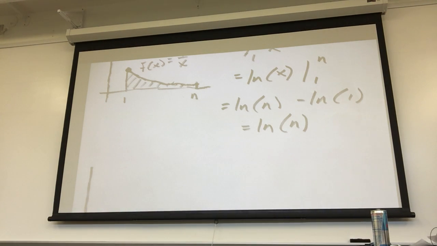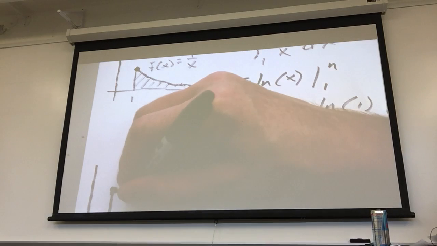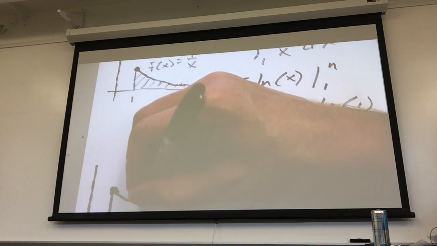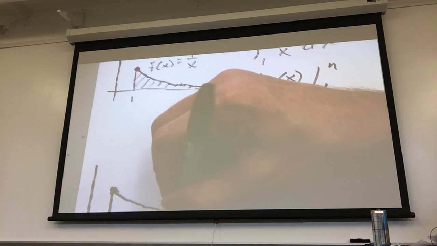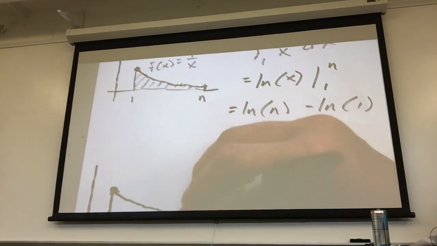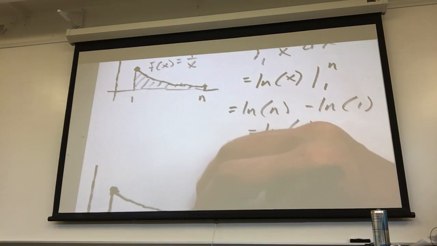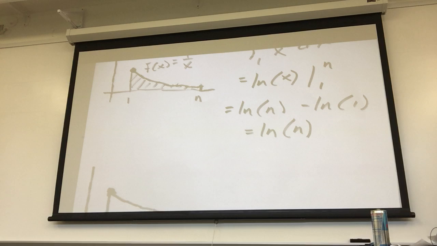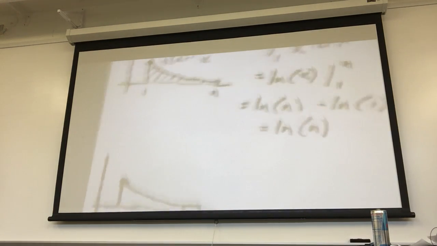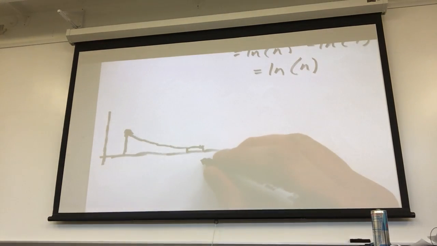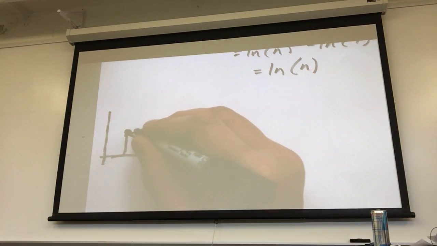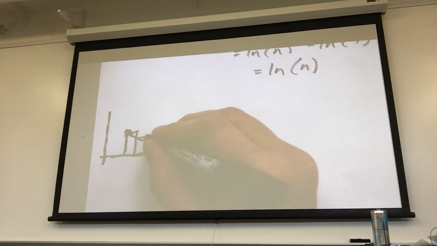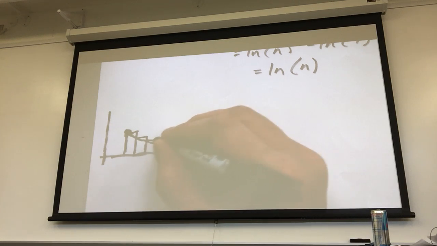I'm going to take that same f of x, it's going to go all the way off until n, and I'm going to put, oh, sorry, off the screen, n minus 1. And I know this is not the scale, but I got to fit it onto the screen.